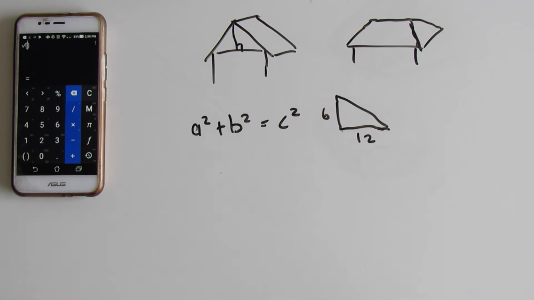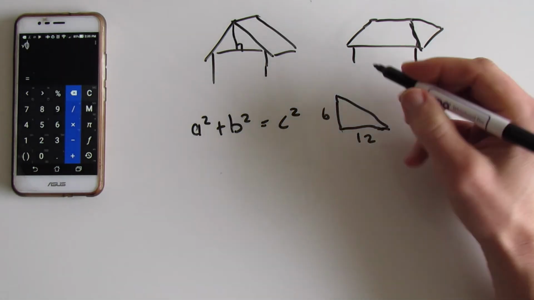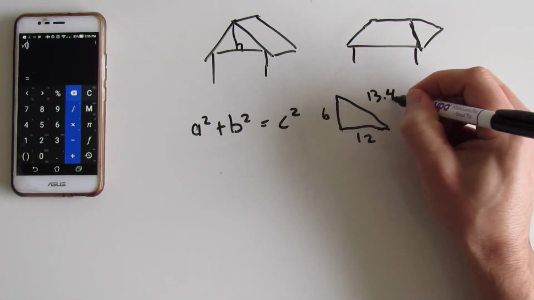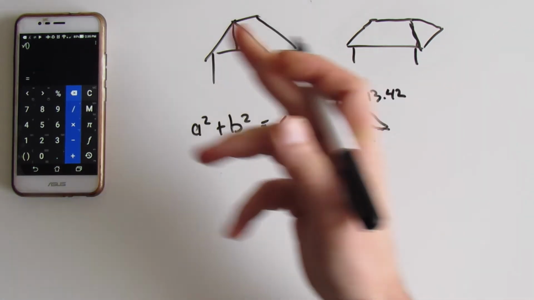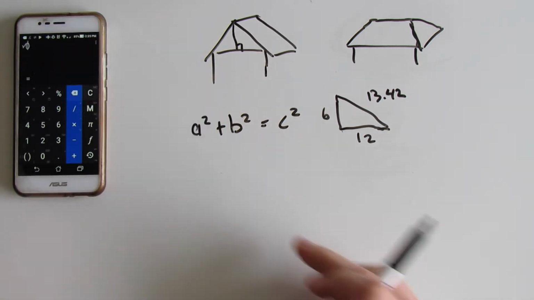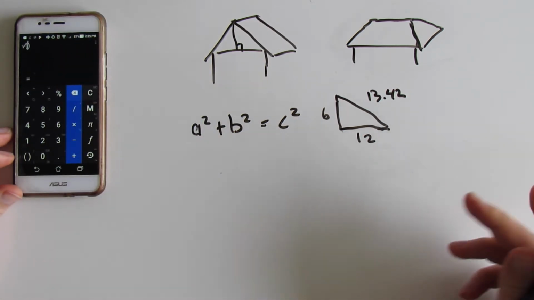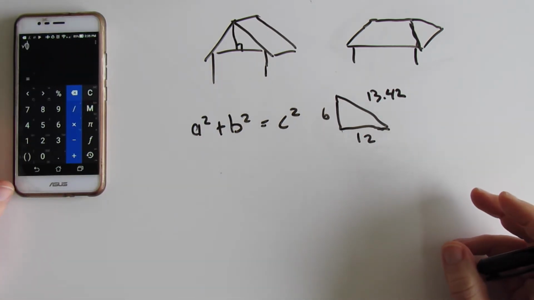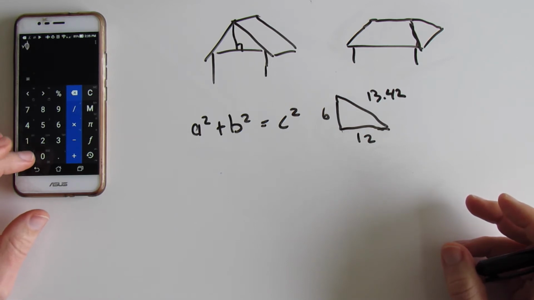Or you can look at a framing square because all the numbers are there as well. If you look at a framing square, you'll see that the number is probably 13.42, which indicates this side here. Just to show you what we're talking about, we can put it into the calculator. This app, by the way, is excellent. It's called Calculator++, and I highly recommend it.